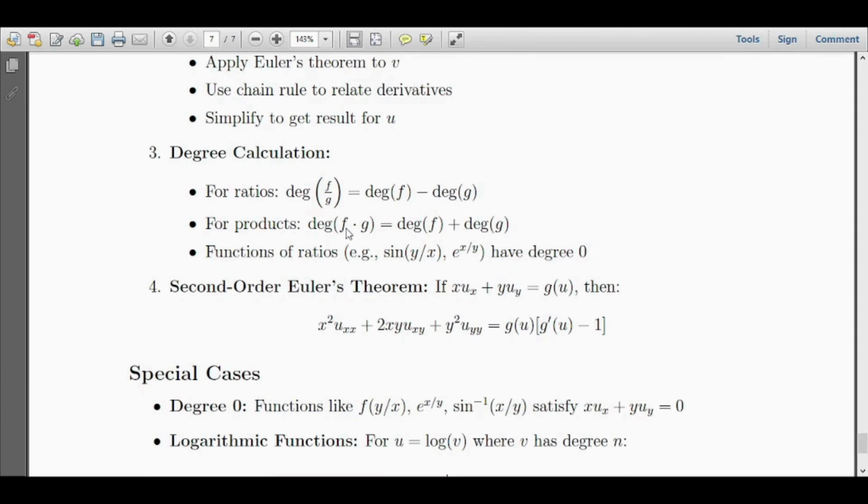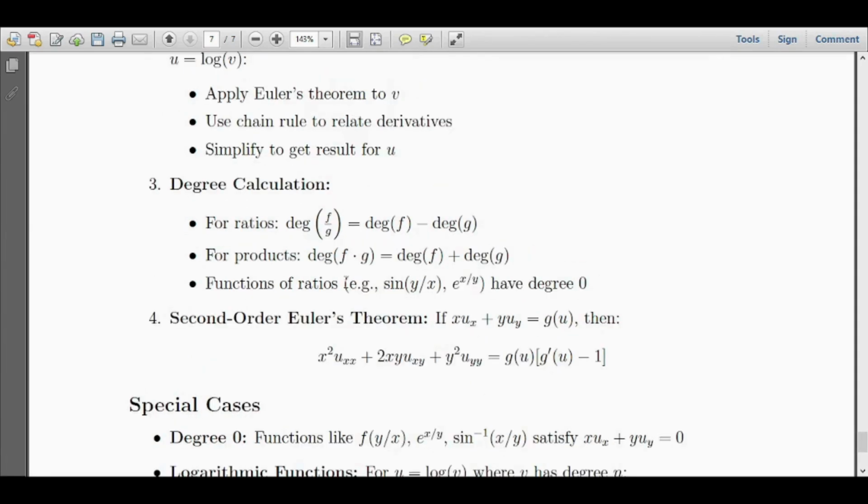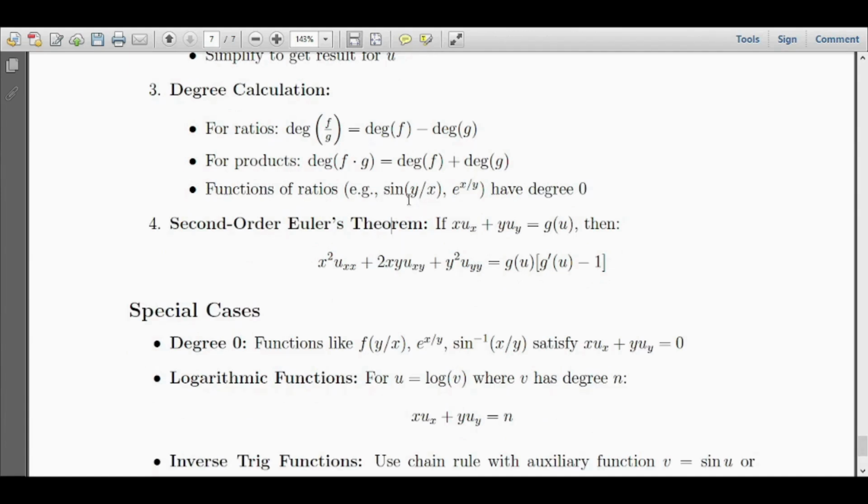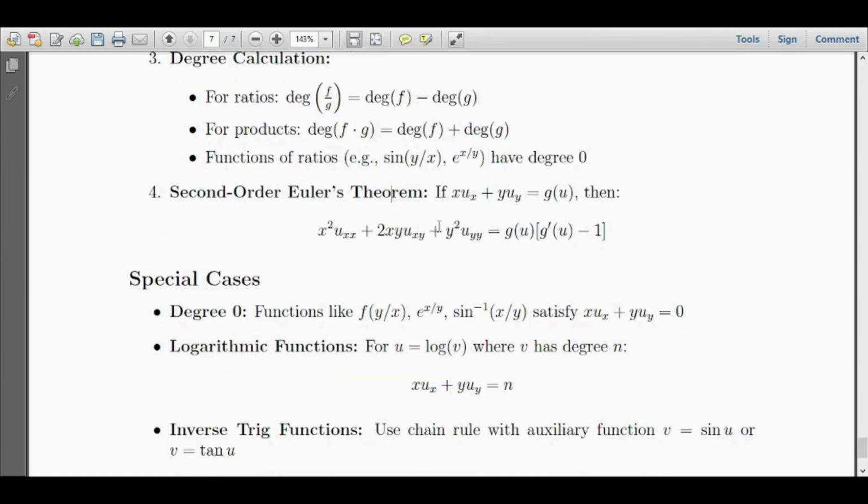The example here is u equals x to the power n into sin of y by x, which we already discussed. Functions of ratios, such as sin y/x and e to the power x/y, have degree 0. If you replace x with tx and y with ty, sin of ty by tx, the t's cancel, we get the same function, therefore it is degree 0.